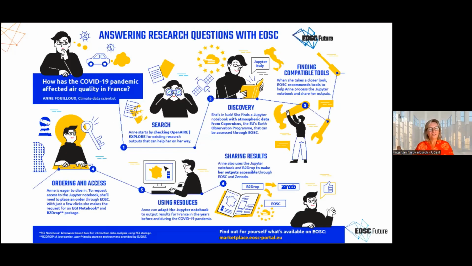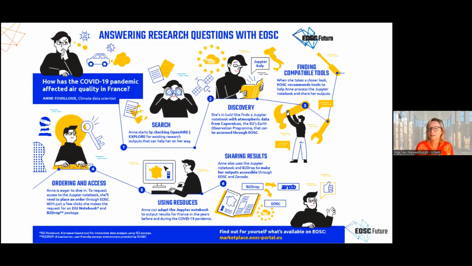And to end with, how do you practically go on in EOSC as a user? How do I use all these EOSC services in my research work? EOSC Future developed this nice narrative example on how the COVID-19 pandemic has affected air quality in France. You search in OpenAIRE Explore, for example.